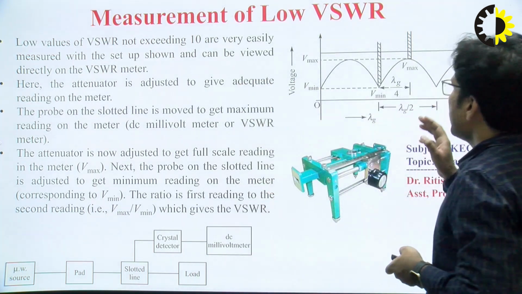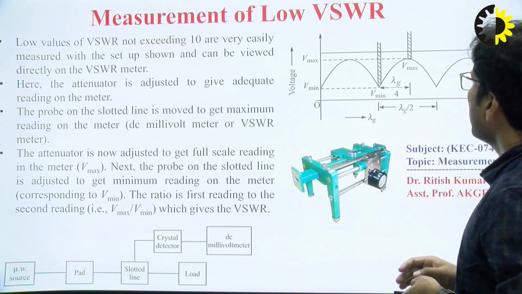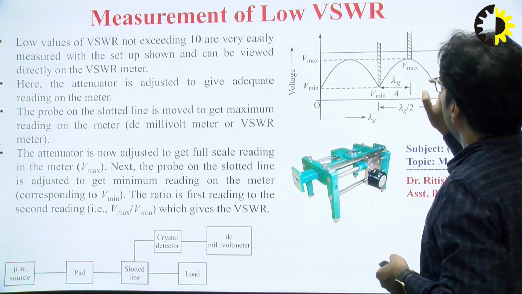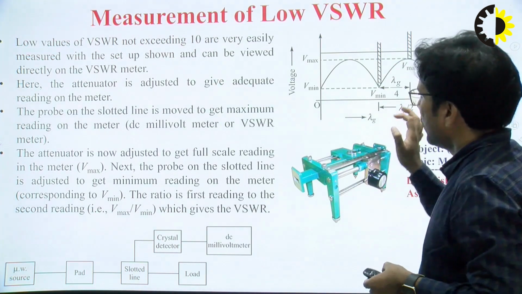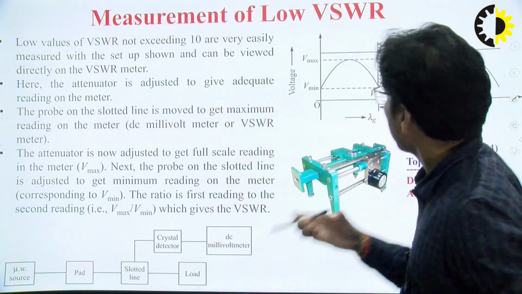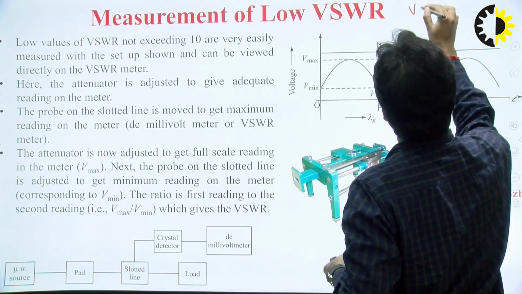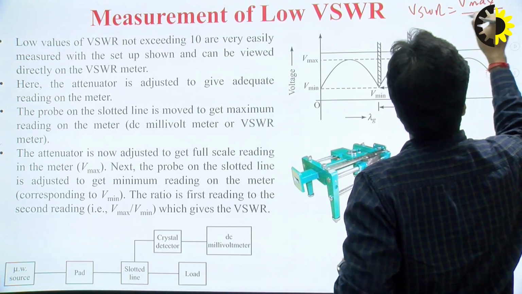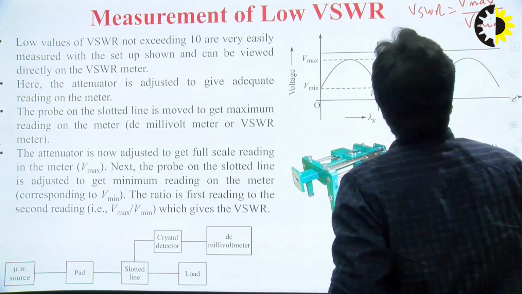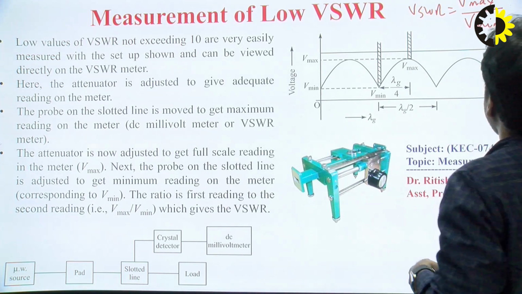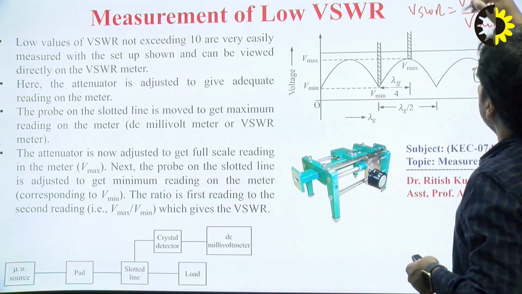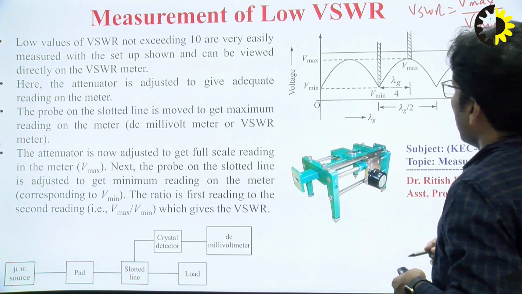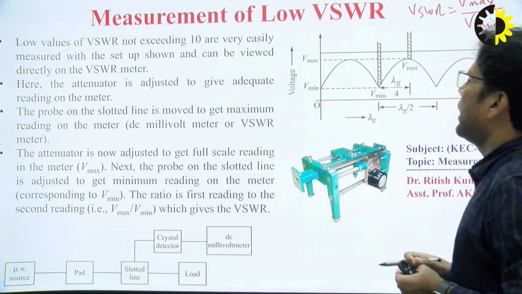As we know, VSWR is the ratio of V max by V min. So we need to identify the value of maximum voltage and the value of minimum voltage at the output side.